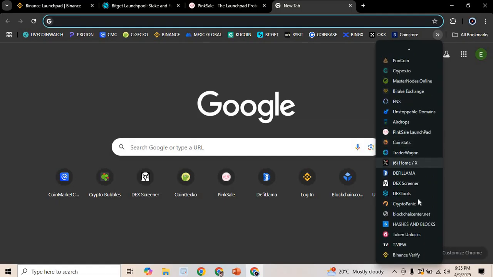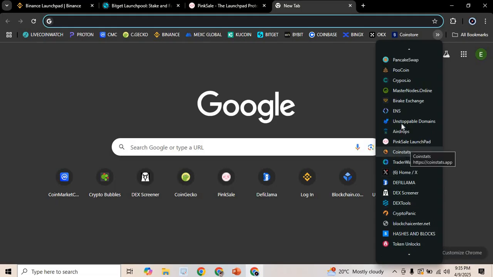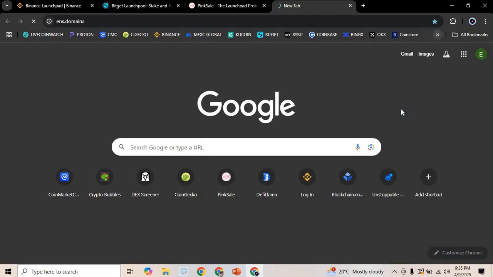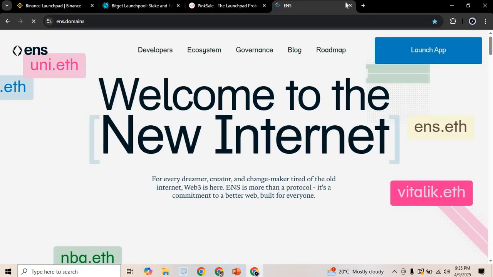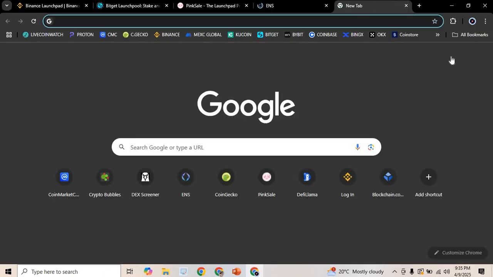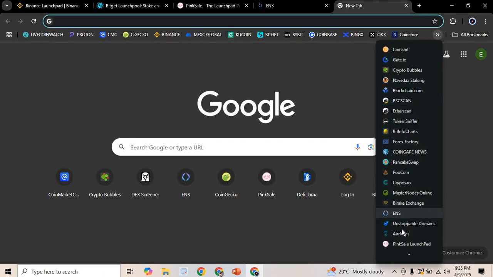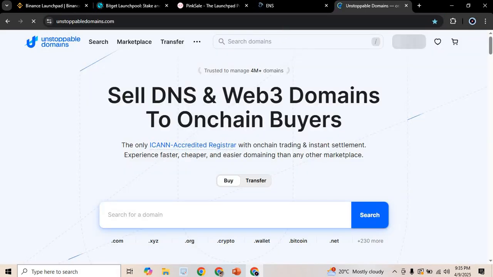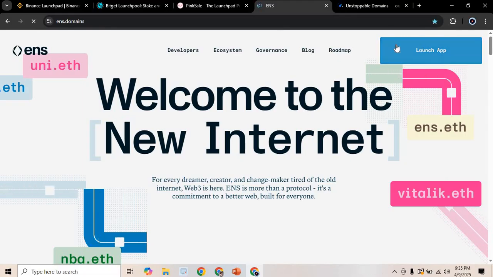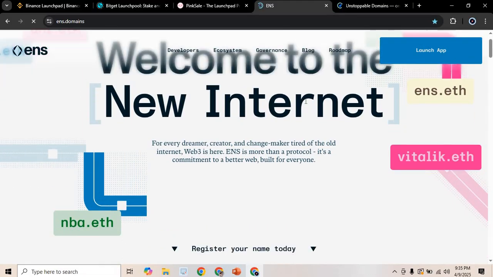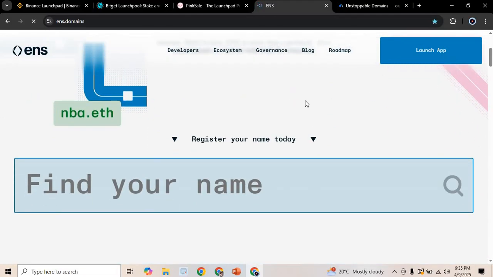Yes, we have this site called ENS.domains, ENS for Ethereum Name Service, and we also have this next one for Unstoppable Domains. So if you want to look for a domain name, you can use this site.